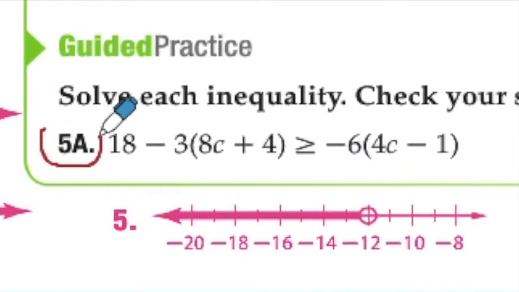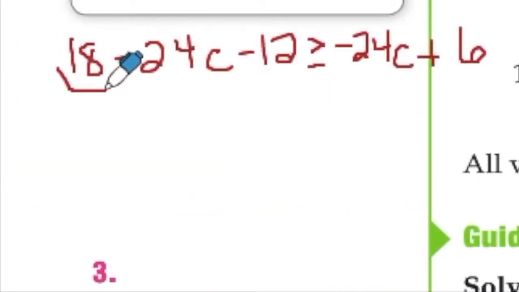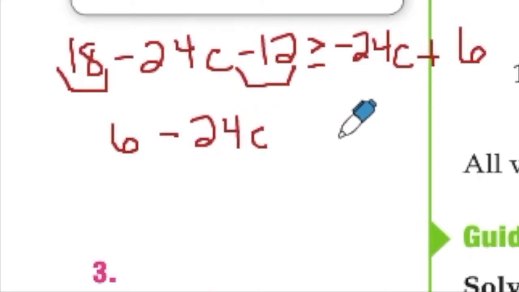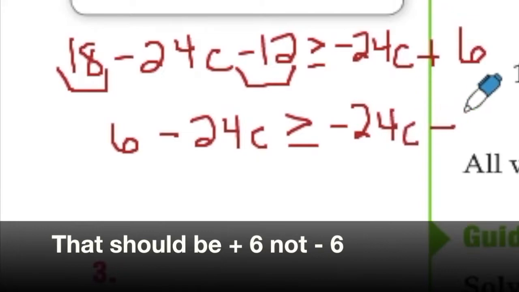For 5a on page 300, we're going to distribute the negative 3. So we have 18 minus 24c minus 12 is greater than or equal to negative 24c plus 6. If we combine like terms, we have 18 minus 12, which is 6, minus 24c, greater than or equal to negative 24c minus 6.